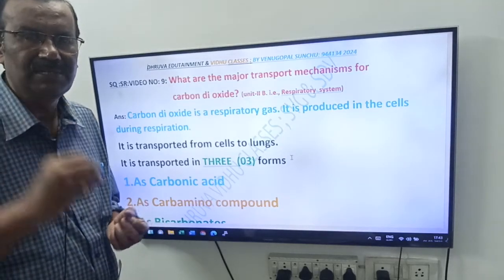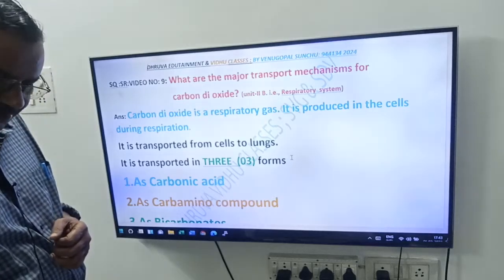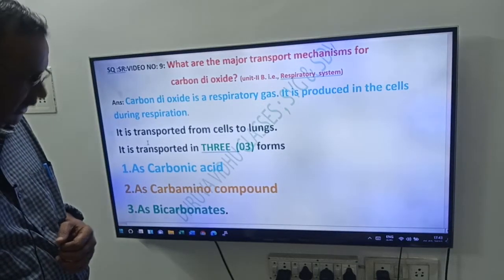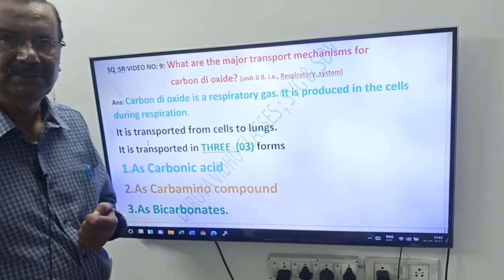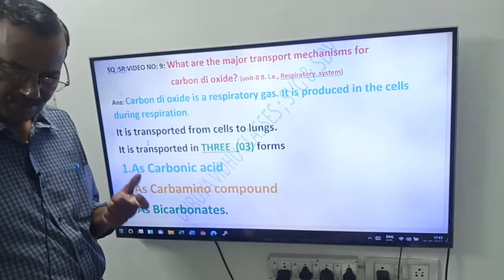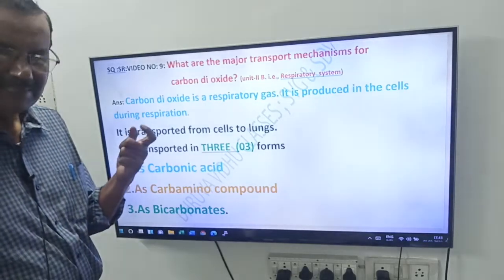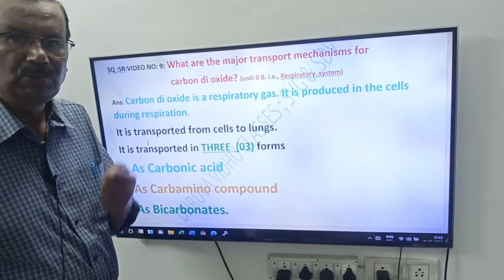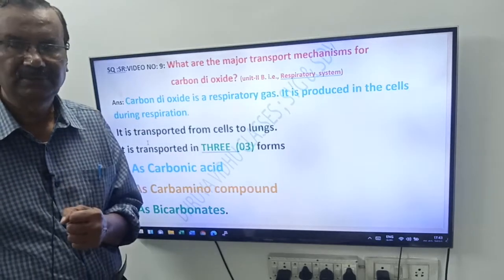Now our answer is starting. It is transported in 3 forms. What are those 3 forms? One is as carbonic acid. Second one as carbamino compounds. Third one as bicarbonates.